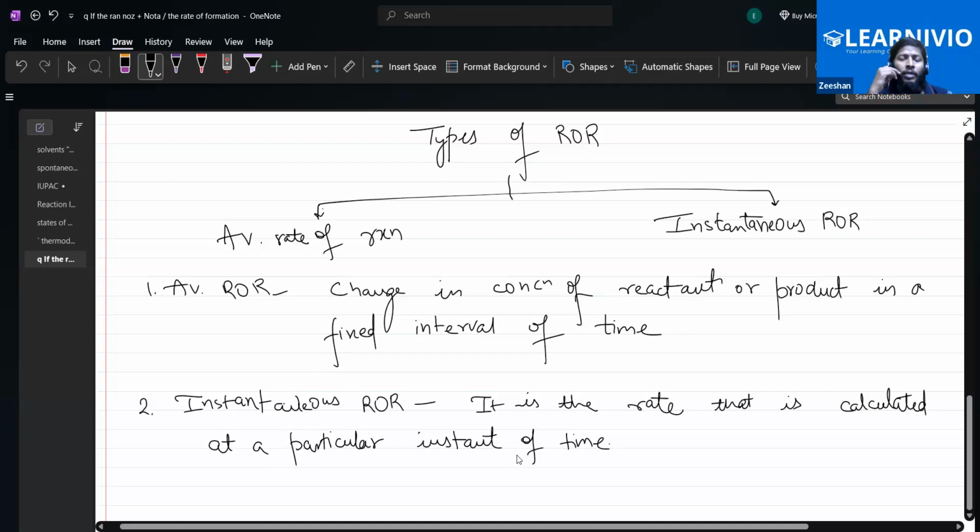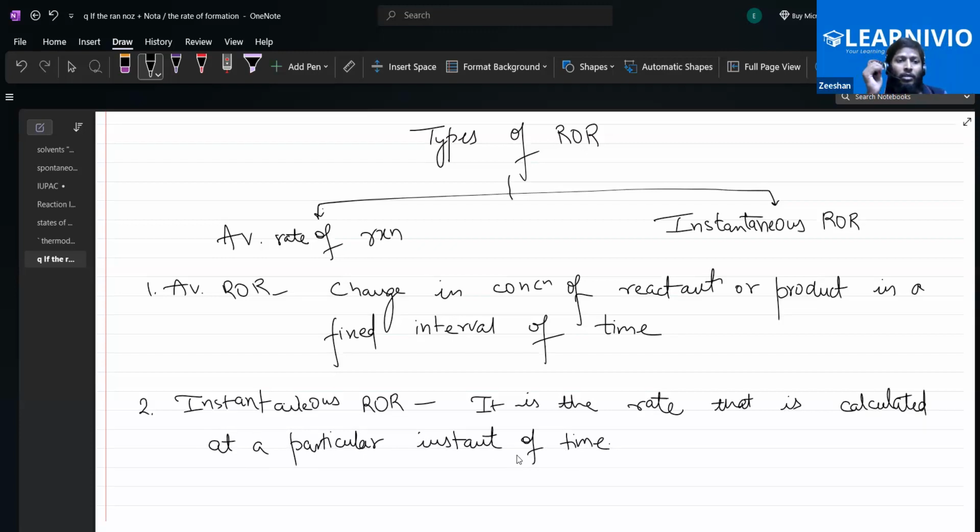When the rate is calculated at a particular instant of time, you just tell me what the rate of reaction is at that moment. At the instant, I'm asking what the rate of reaction is, at a particular moment. Got my point?